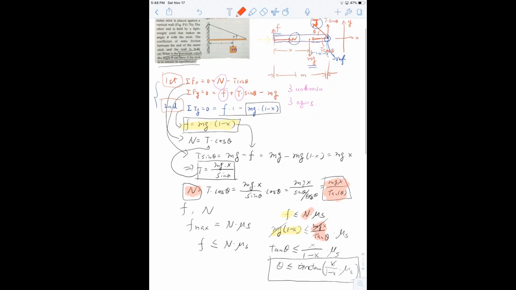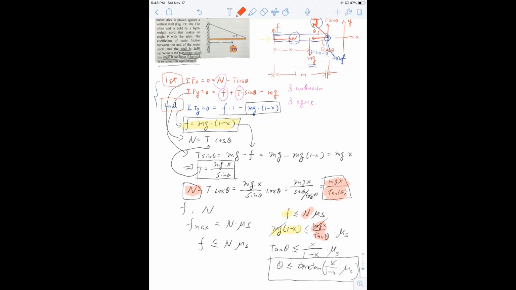Then we utilize the condition that the maximum friction force is the normal force times the coefficient of static friction. That gives us this inequality that the friction force we calculated needs to be smaller than that. That allows us to solve and show that theta needs to be smaller than the arctangent of this expression.